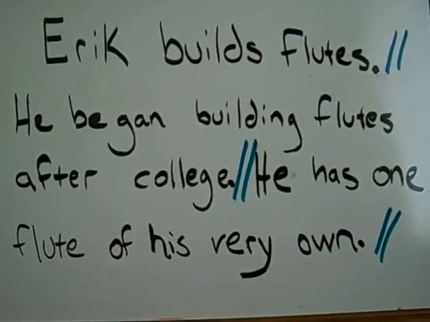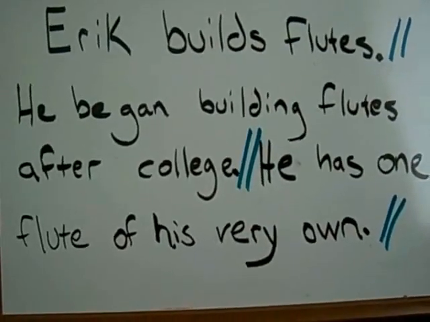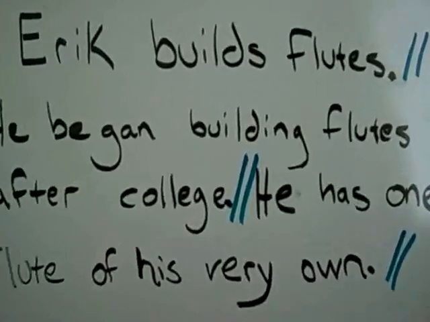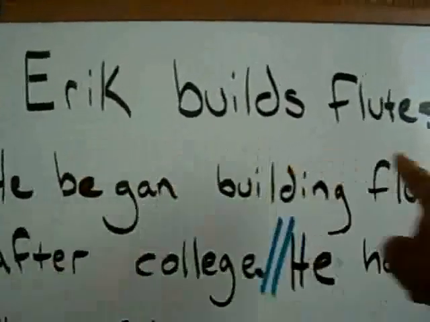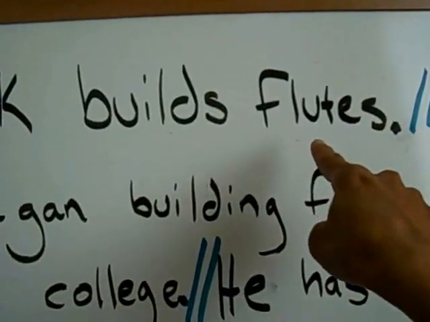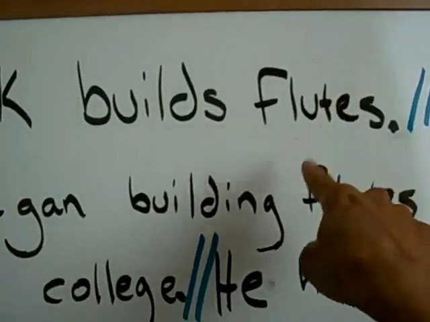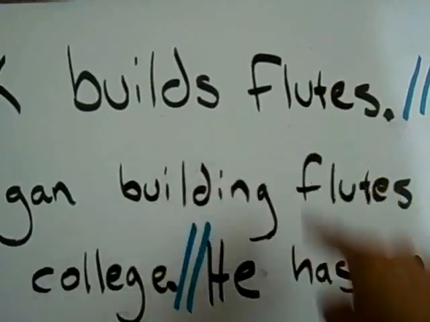Now, if we have falling intonation, where exactly does our voice begin to fall? When we spoke of thought groups, we talked about the last content word receiving the most stress. So, for example, in the first line, Eric builds flutes, these are all content words, but the final one is flutes. When we speak of intonation, it's that same final content word that will be the point where the melody changes.